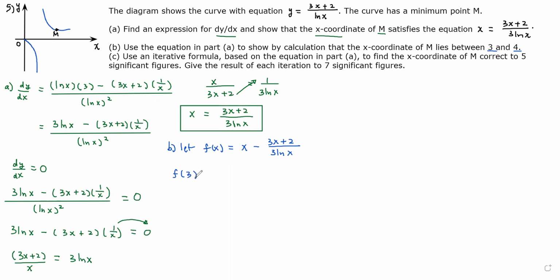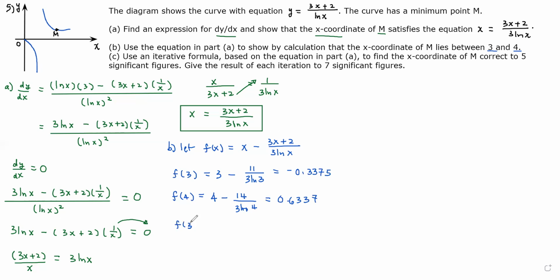So we find f(3), and that is 3 minus, we replace x with 3, that would be 9 plus 2, which is 11, over 3 ln 3. That is negative 0.3375. And f(4), we replace x with 4. So we have 4 minus, that is 12 plus 2, that would be 14 over 3 ln 4, which is 0.6337.